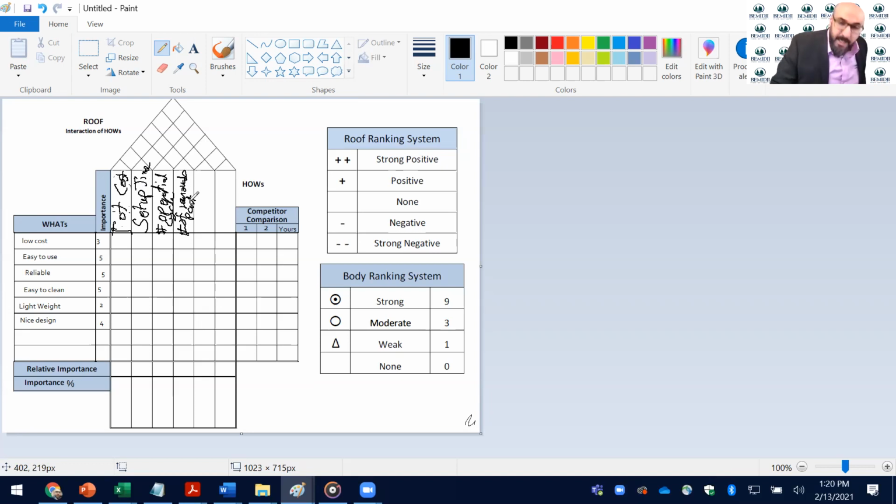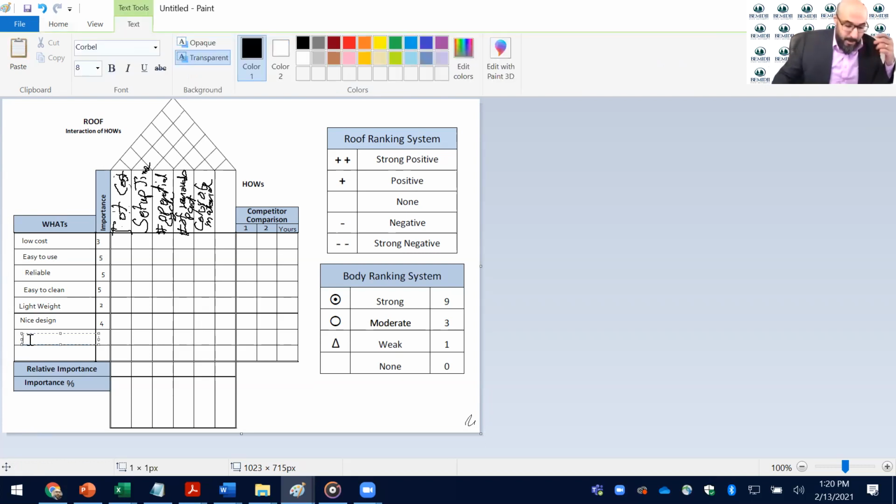And for a nice design, I could look into the color of the material. Color of exterior material. So I have the technical specification. Another aspect I would like to add is that I need my microwave to be large, to fit a big plate, because I have a big family.